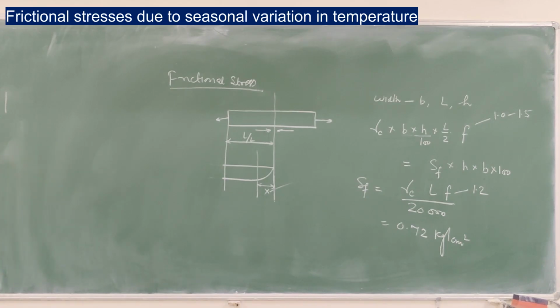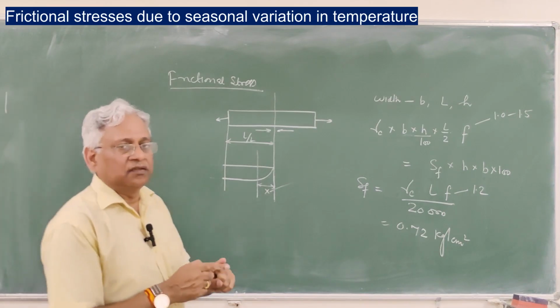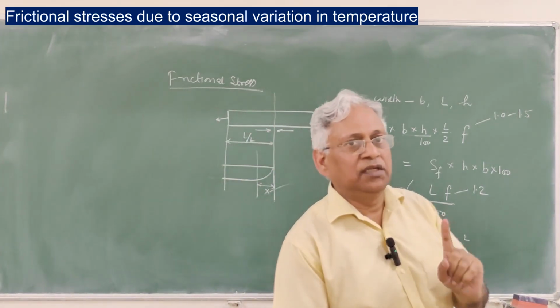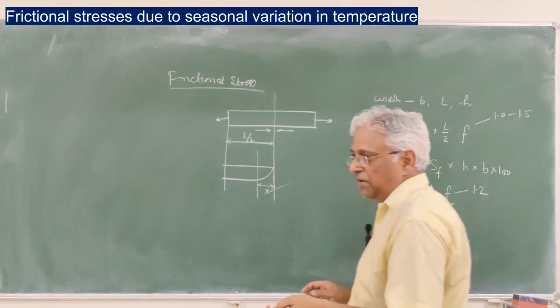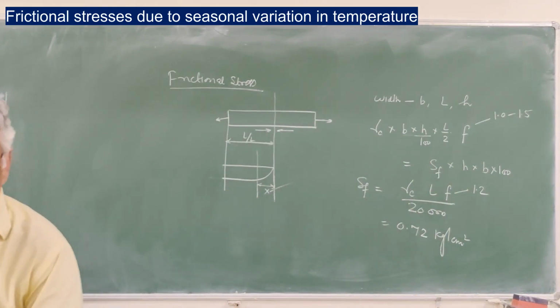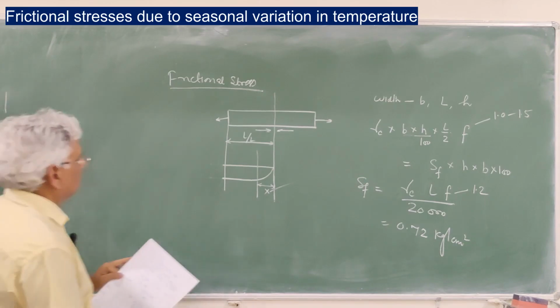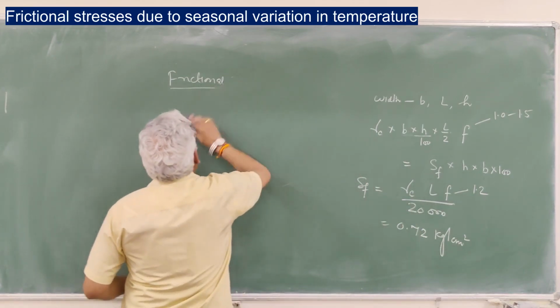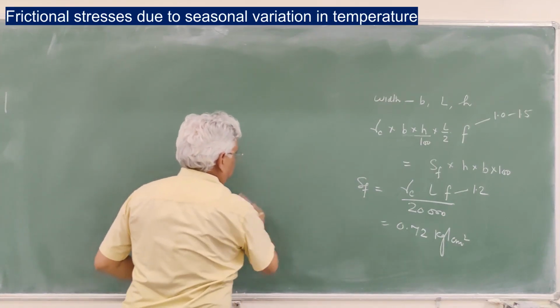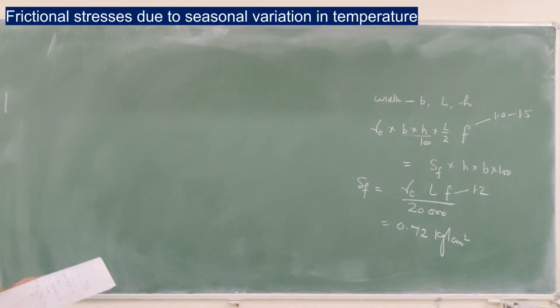Now because of temperature, there are three conditions: during daytime, during night time, and during season, winter. So you can create a matrix of the stresses in a concrete pavement because of temperature. And this matrix will help you to find out what are the critical conditions for design.